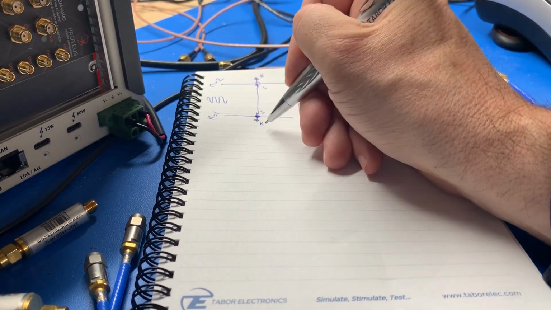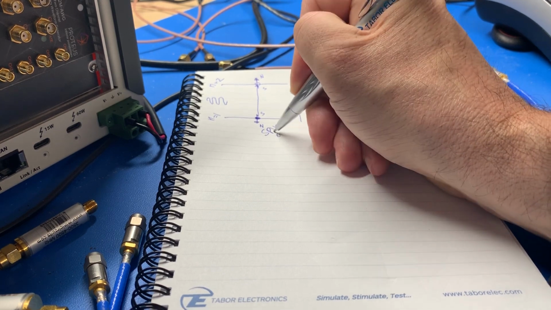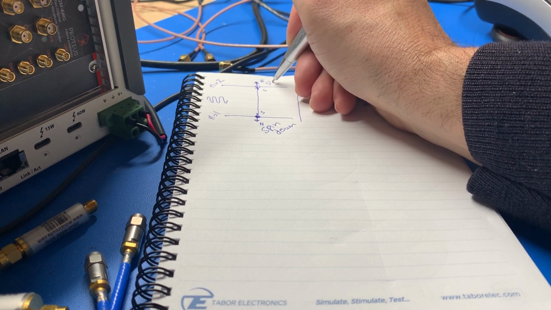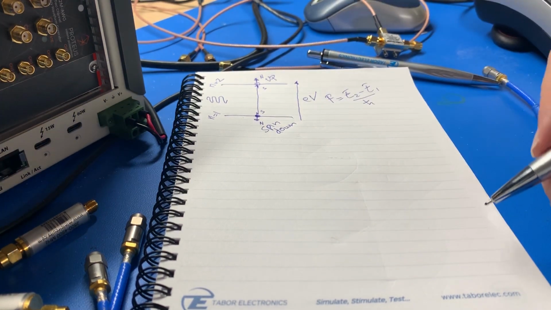And when north is facing down, we call that the spin down condition. And when north is facing up, we call that the spin up condition.